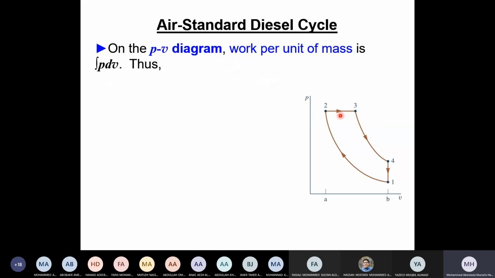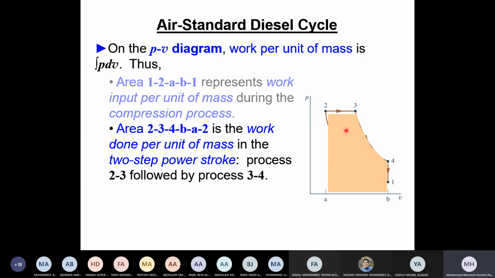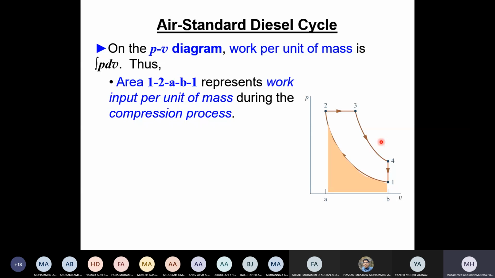All right. It gives us the work done also. On the PV diagram, the work is the area under this curve. I want to ask one question here. You look at this area here.